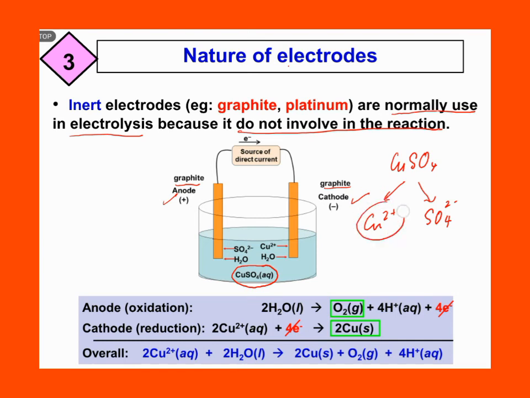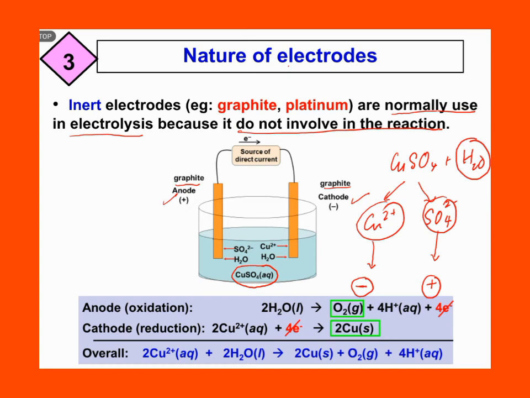So the copper ion will move to the cathode, the negative terminal, while the sulfate ion will move to the positive terminal, and we also have the water. Who will be selected: copper ion at the cathode, or the sulfate ion or water at the anode?